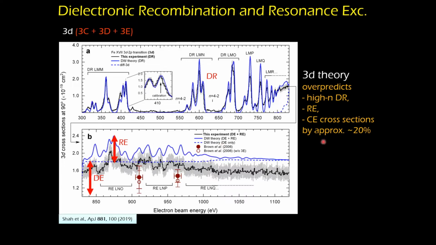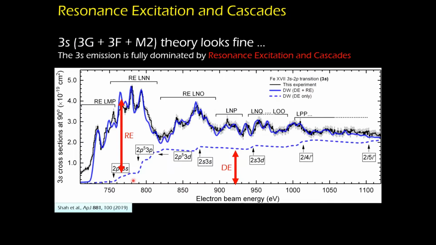So what we see is that the theory overpredicts by 20% some of the cross sections of DR as well as the resonant and direct excitation. We measured the 3S line the same way, which contains this forbidden line.